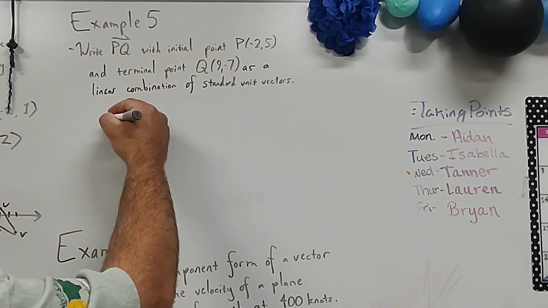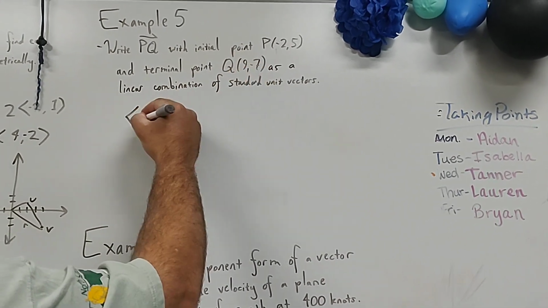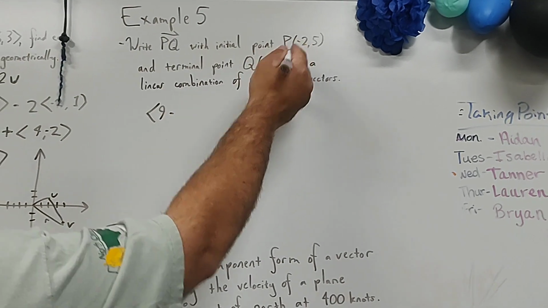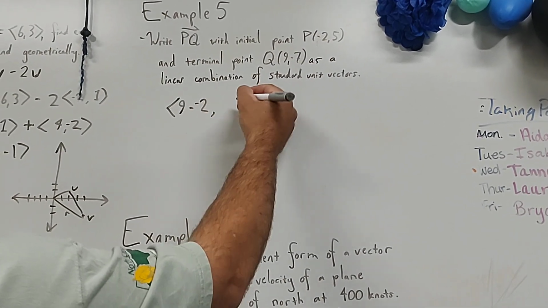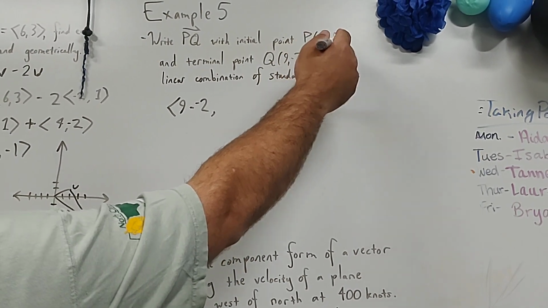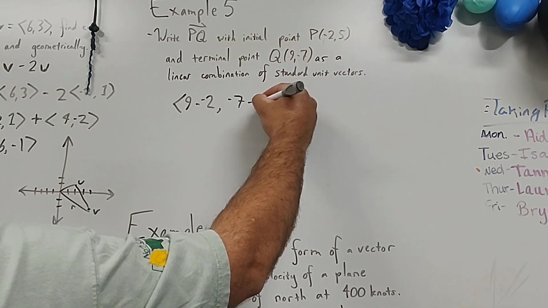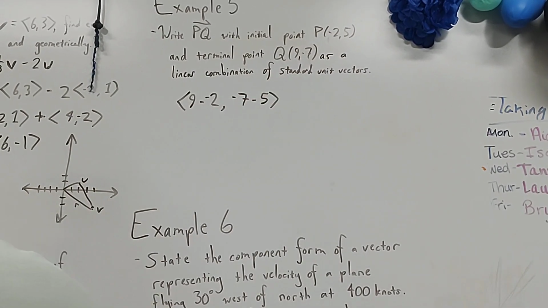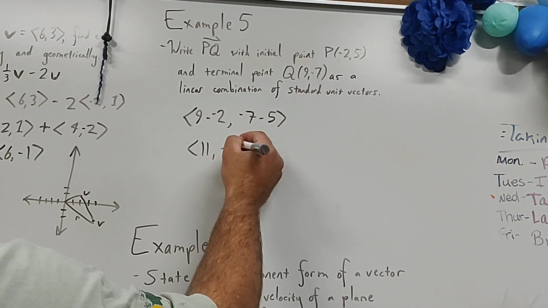We're going to subtract 9, which is x2, and negative 2, which is x1, and then y2 and y1. That is going to give us 11, negative 12.